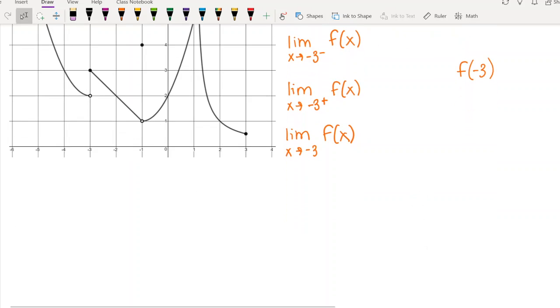And then similarly, we'll do the same thing at -1 and at +1. So I'll write those ones down as well.